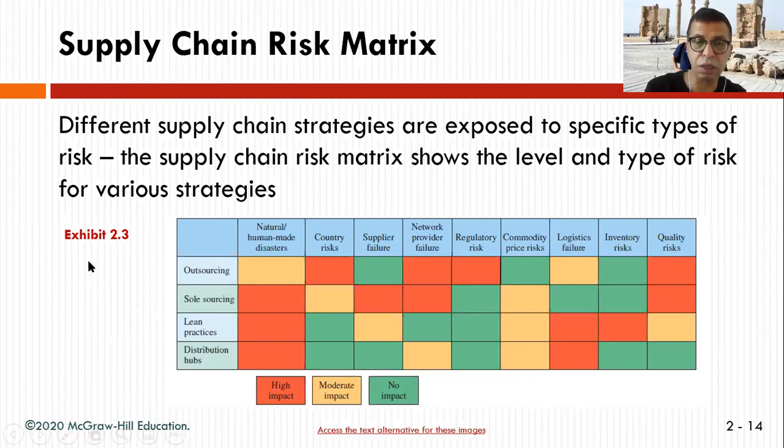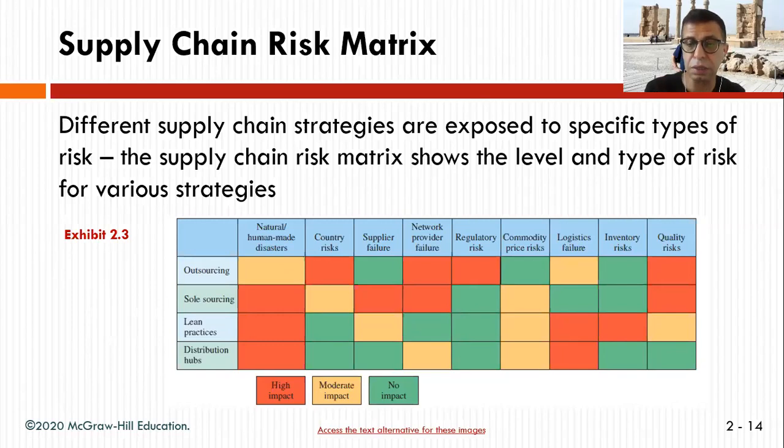Here in this exhibit, you would see a quality risk. If you're outsourcing the supplier or the product, there might be some quality risk involved. For example, you bought something thinking it was made in Japan, but when you looked at it, it was made in a different country, and the quality had dropped and become really low.